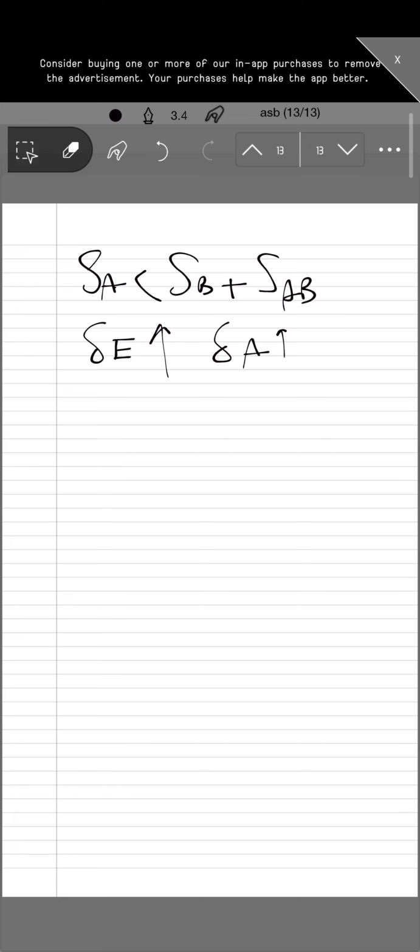So whether a fluid will spread or not depends upon the surface tensions of the different liquids in the system. Now these three values, S_A, S_B and S_AB, actually form a triangle.